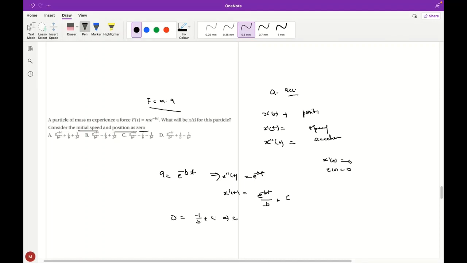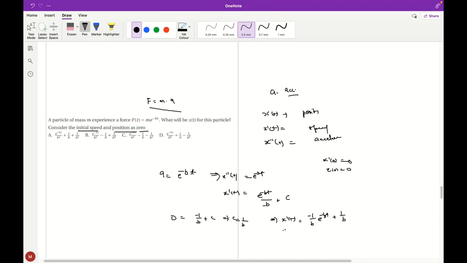This implies c1 equals 1 over b, that is x dash t equals minus 1 over b e to the power minus bt plus 1 over b.